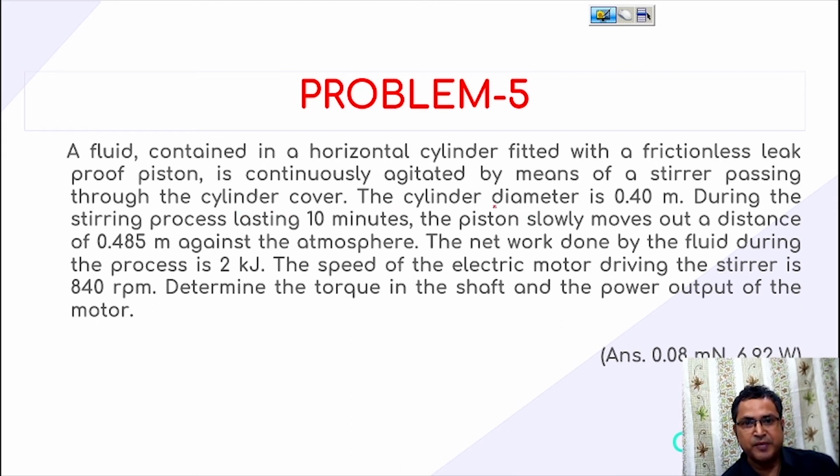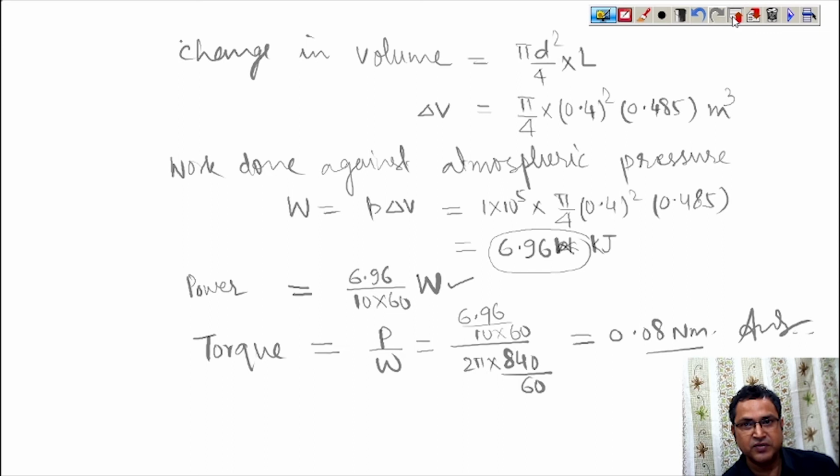The cylinder diameter is 0.4 meter, during the stirring process lasting for 10 minutes. The piston slowly moves out a distance of 0.485 meter. This is the total displacement of the piston. With the help of the diameter and the displacement, we can find the change in volume.